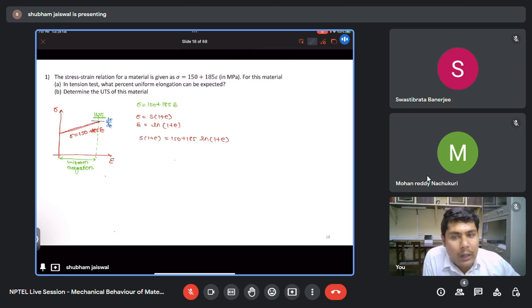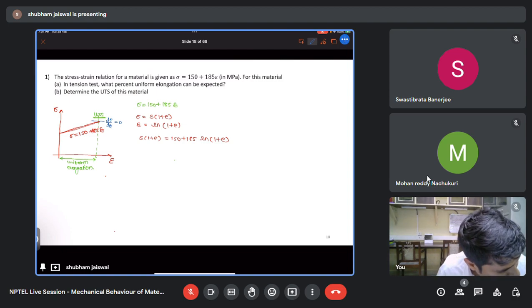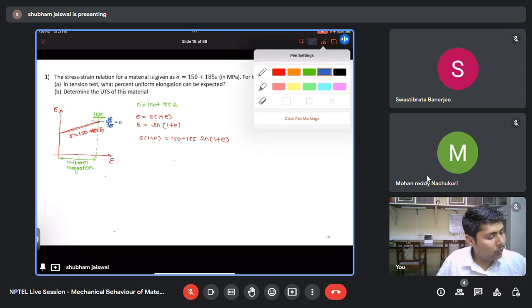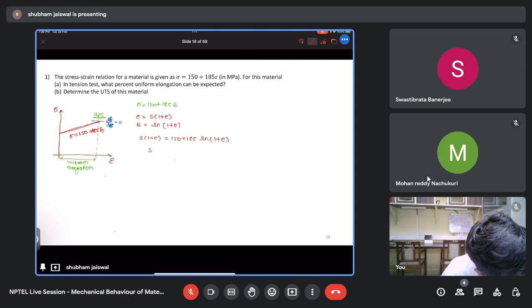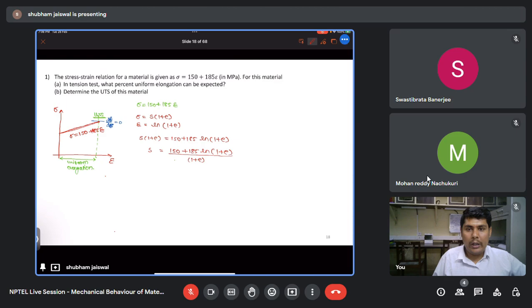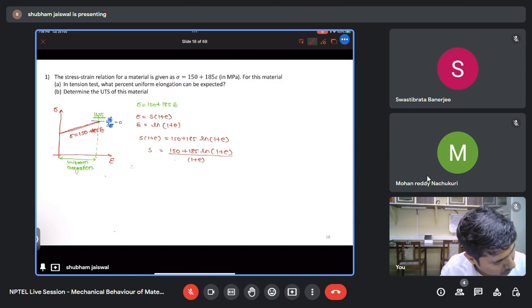Okay, so at the maximum load the slope should be 0. Sorry, this is dS upon dE. Now if I rearrange this equation, S equals 150 plus 185 ln of 1 plus E, divided by 1 plus E. As I said, at UTS the slope is 0, therefore dS by dE at UTS is equal to 0.